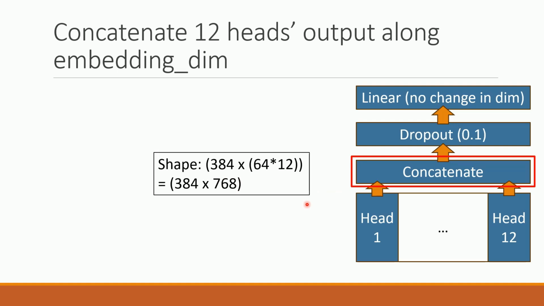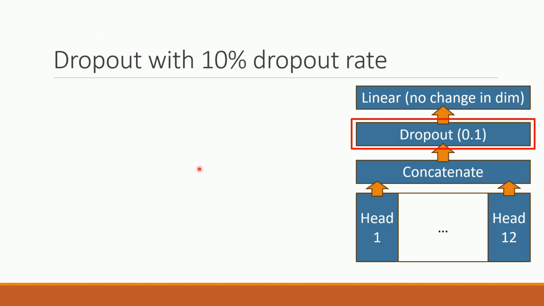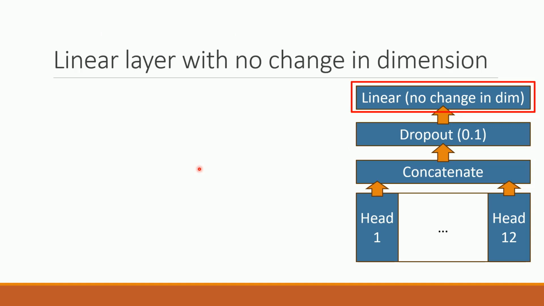Then you concatenate all the outputs for each head along the embedding dimension. So it becomes 64 times 12, because 12 heads, back to the original 384 by 768. And then you do dropout, 10% dropout rate. And then you pass to a linear layer where there's no change in the dimension.